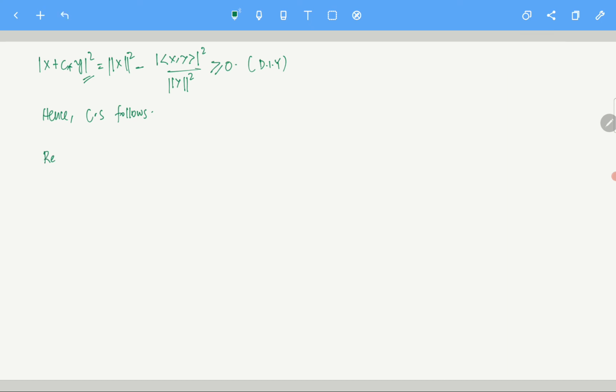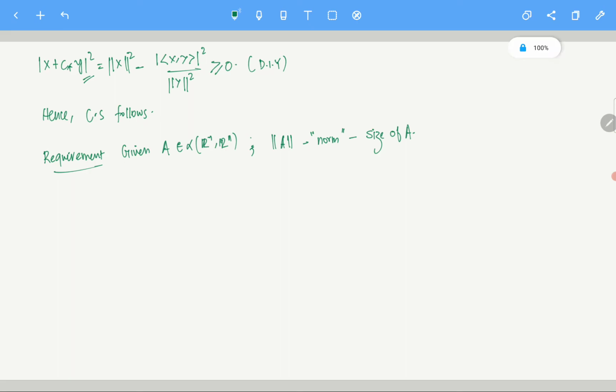The requirement is this: given some matrix A, a linear map from Rn to Rn, I want to define the norm of A. You can think of the norm as the size of A. A is a linear map from Rn to Rn, and you already know there is an isomorphism between this and a Euclidean space.